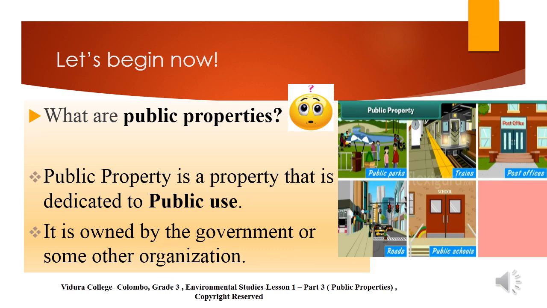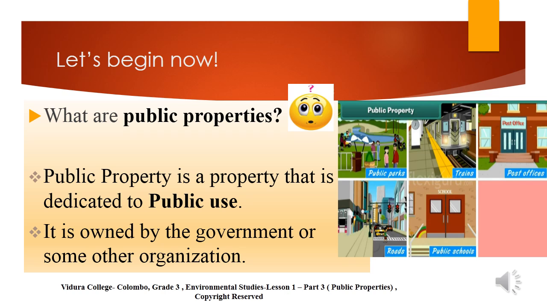Okay everyone, now we are going to learn about public properties. First of all, I would like to talk about the pictures given here. Can you see them? Can you identify them? Yes, there is a picture of a park, a railway station, a post office, and you can see a road and a school.